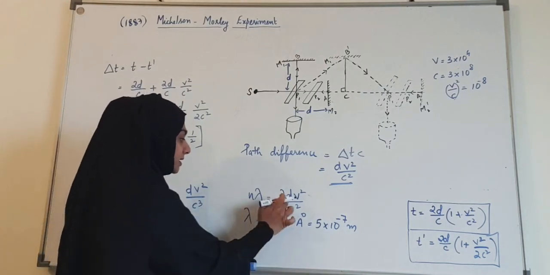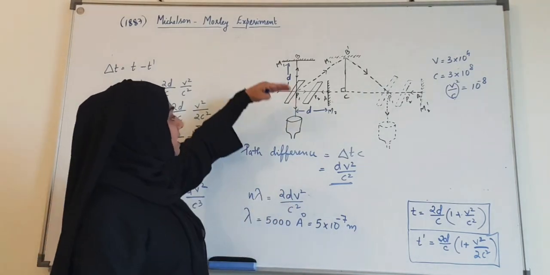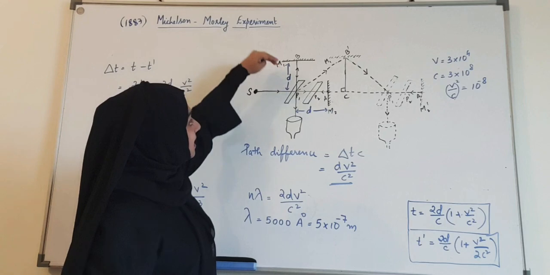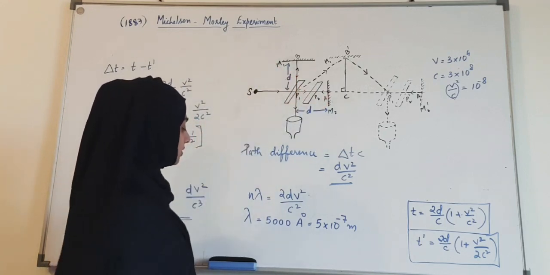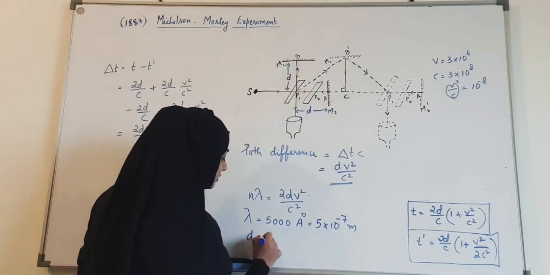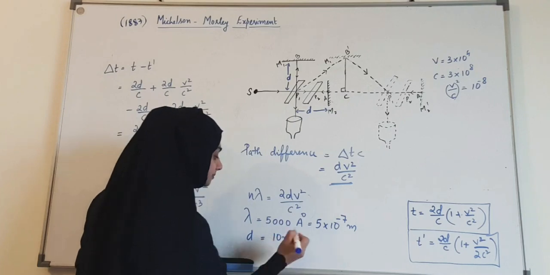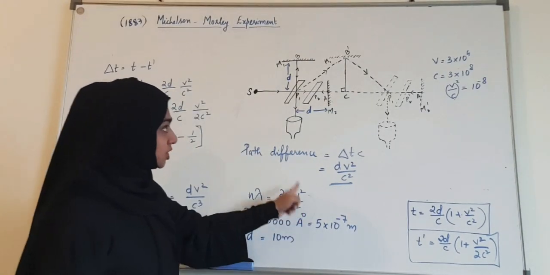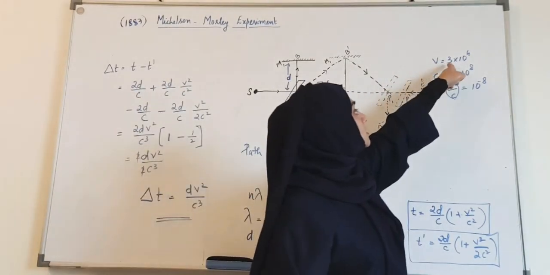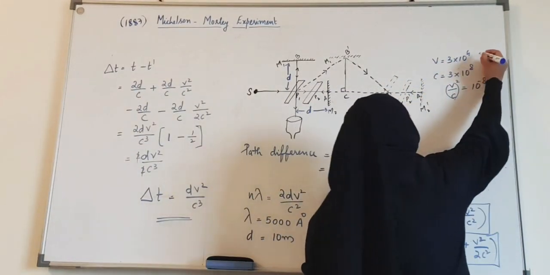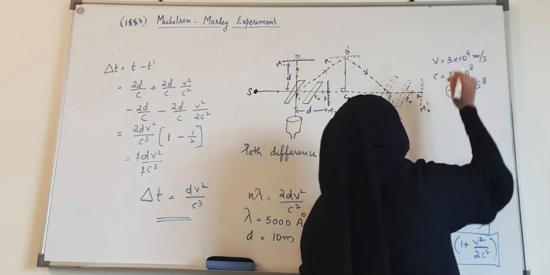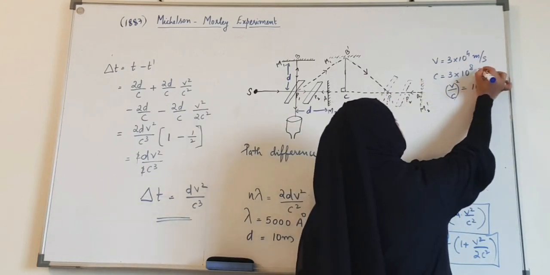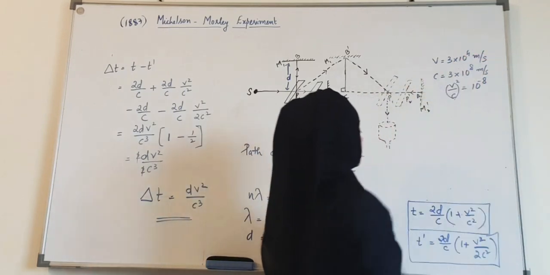And the distance which they maintained between the plate and the mirrors, d, was 10 meters. And we know that the velocity of Earth is 3 times 10 raised to 4 meters per second, and the velocity of light is 3 times 10 raised to 8 meters per second.